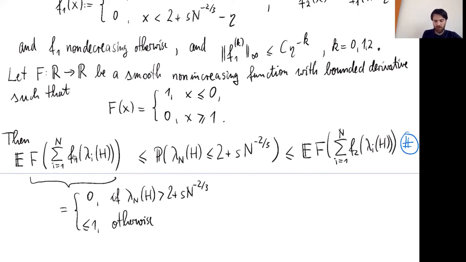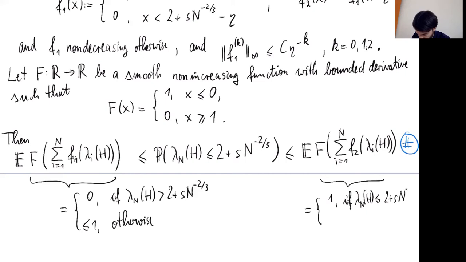Then I take the expectation, and of course I get this first inequality here. And similarly, up here you get that this is 1 if the lambda_n of H is actually smaller than 2 plus s n to the minus 2/3, and otherwise it's positive. So that proves this relation.